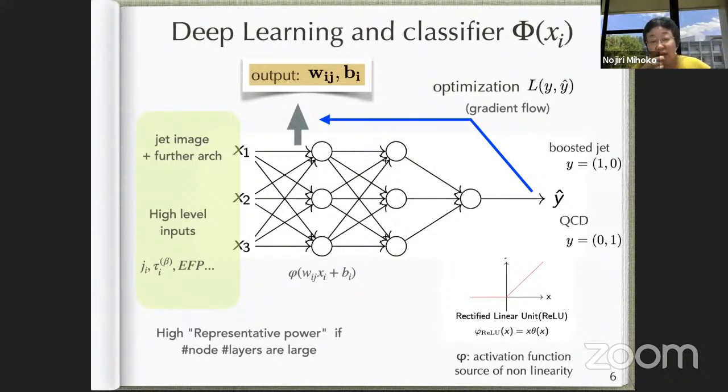This system is nice because it is known to have very high representative power if the nodes and layers are large, and the optimization process works well.